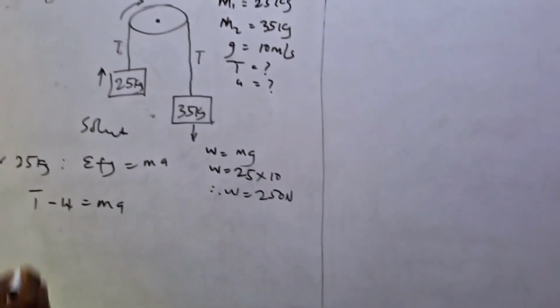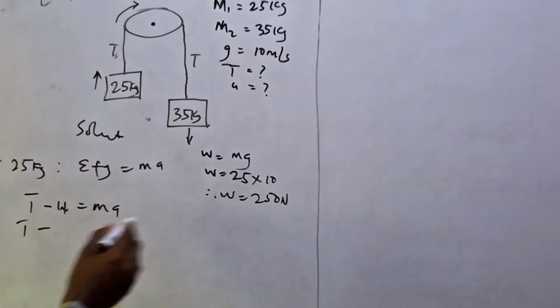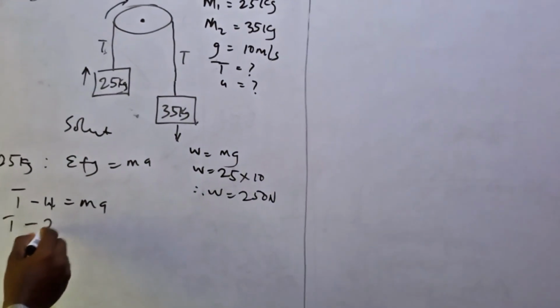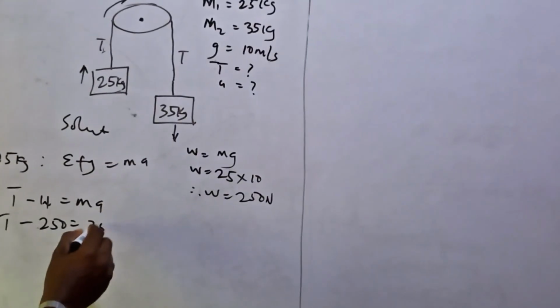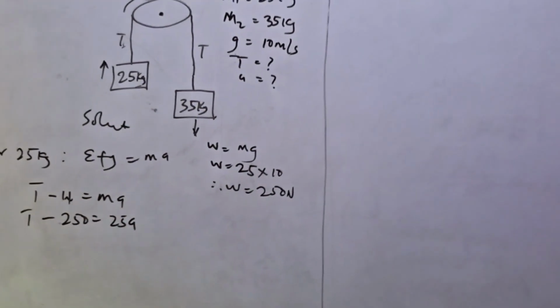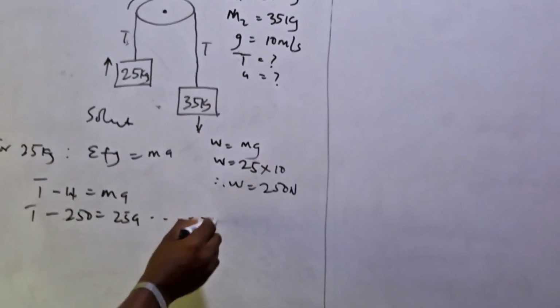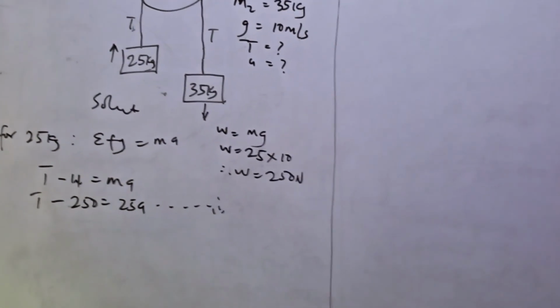Tension minus the weight, which is 250, equals the mass 25 multiplied by a, that's 25a. This is equation 1 as usual.